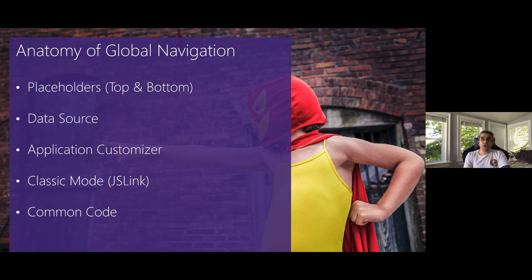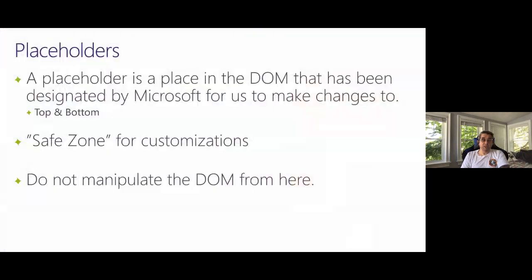Okay, so placeholders. The placeholders are a place in the document object model that's been designated by Microsoft for us to make changes to. Right now in modern, there are 2. There's top and there's bottom. As developers, we always want more options, so I would love it if there were more, but right now, those are the 2 that we have.